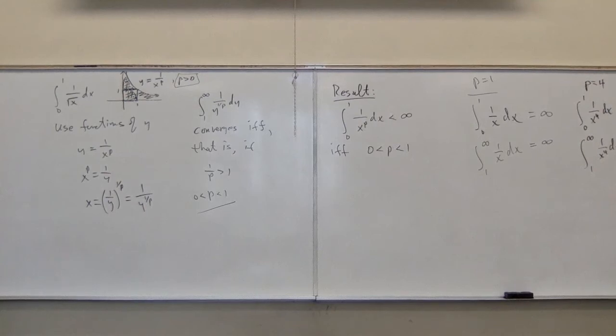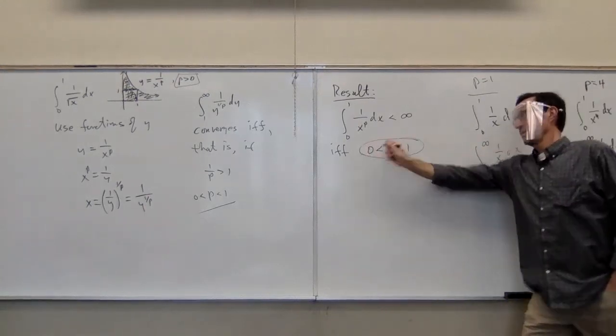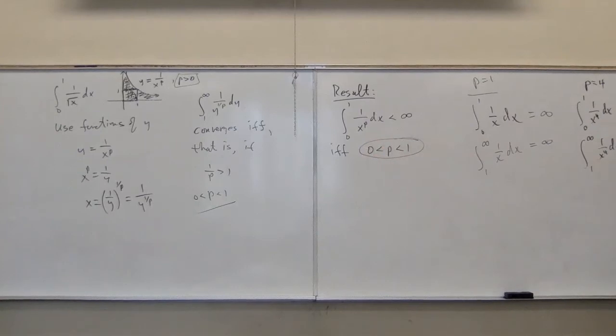Yeah, P equals 4. So this one, in fact, I showed you what it converges to, if you believe me: 1 over 4 minus 1. This one diverges. We need P to be between 0 and 1. 4 is greater than 1. That's no good.